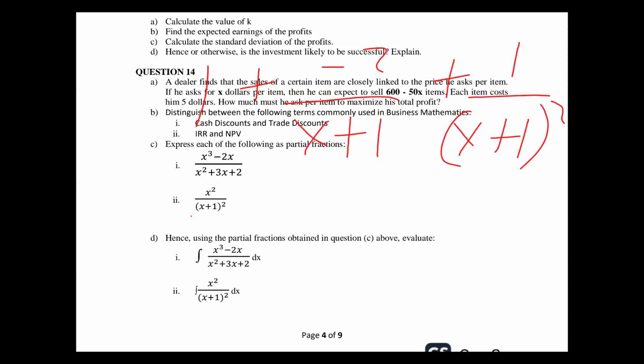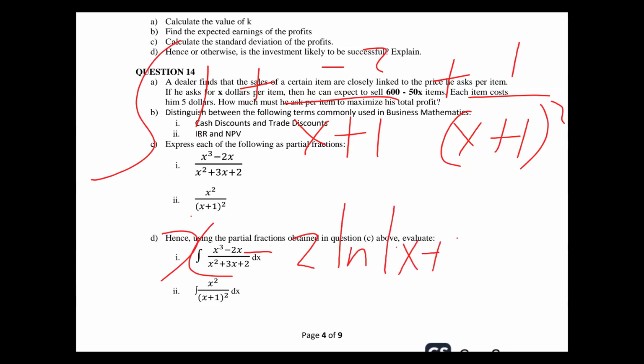The integral of 1 is x, minus 2 times the natural log of (x + 1), plus 1 over (x + 1), plus C. C is always there when you're integrating, and that is a constant for you.